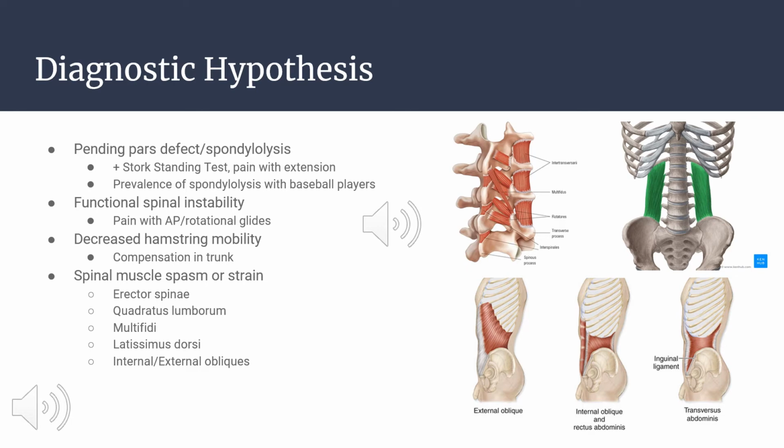As you'll find out later, the prevalence of back pain and spondylolysis with athletes and baseball players could be a possibility as well. However, this is not ruled in or ruled out particularly, but it's just something to consider.